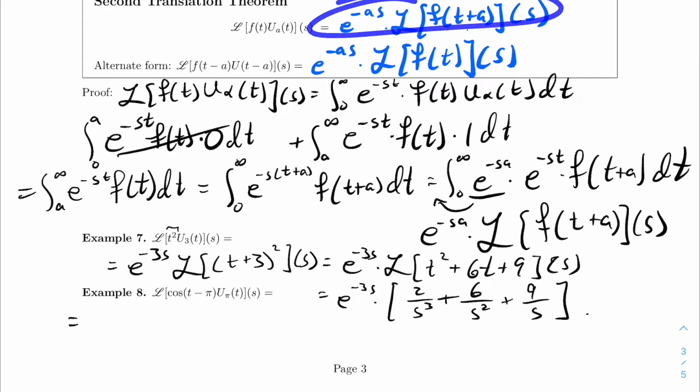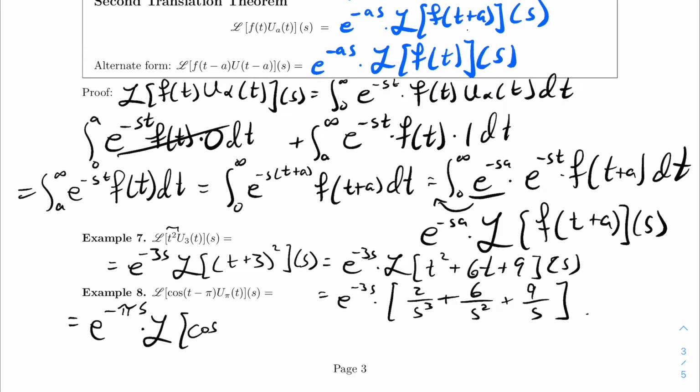All right. So applying this formula, by multiplying by u sub pi of t, this would be equal to e to the negative as times the Laplace transform of f of t plus a. Our f is just cosine of t minus pi.